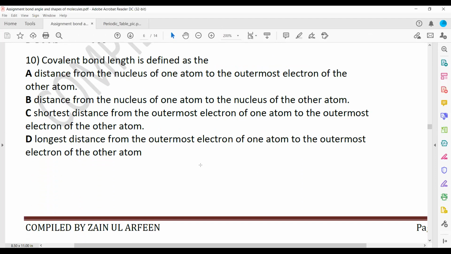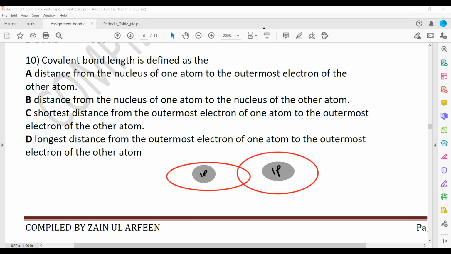Like when we compare, if we have hydrogen having one proton and this is also one proton, they share electrons with each other.